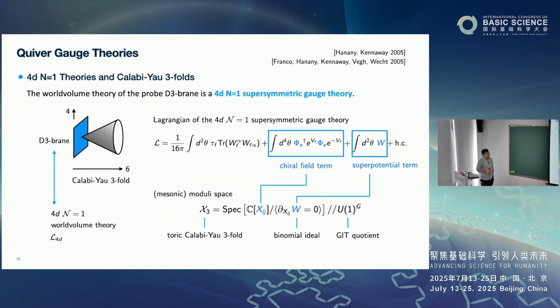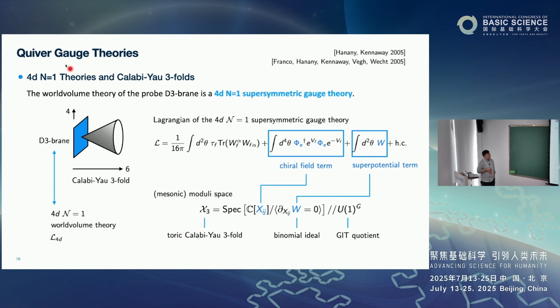So for this 4D N equals 1 theory, I can write down the corresponding 4D Lagrangian. The unique parts of the Lagrangian come from the set of chiral fields and the superpotential that is formed by these chiral fields. And using this Lagrangian and the information that uniquely defines it, I can write down the so-called vacuum moduli space of this Lagrangian.